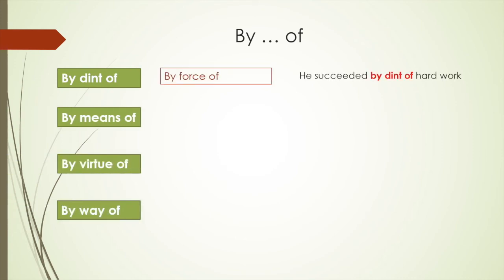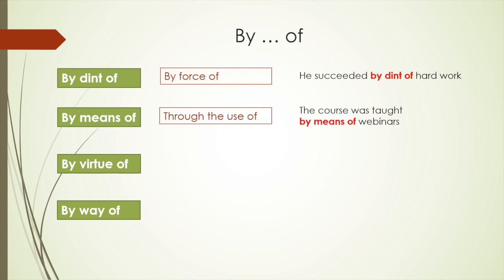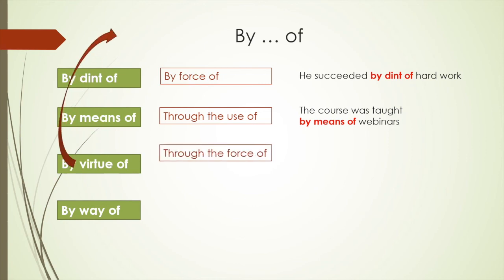He succeeded by dint of hard work. Okay, we could say by working hard, but this is about style, not about meaning. All right, by means of means through the use of. Again, sort of a higher form of English, by means of webinars. Through the force of: virtue shares the same origin as virile, which is vir, the Latin word for man.